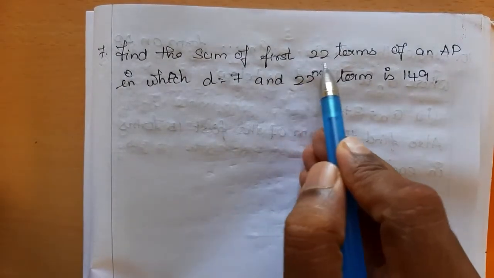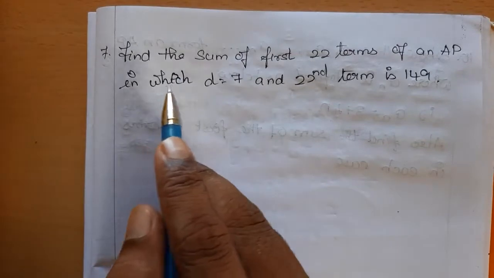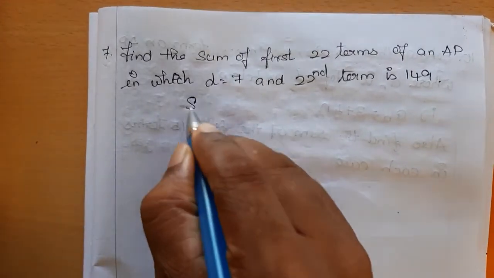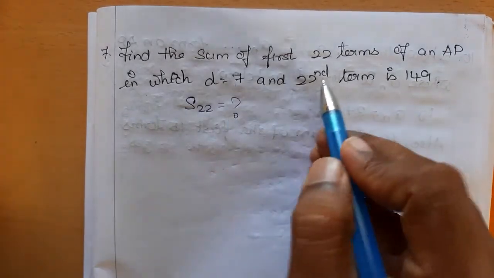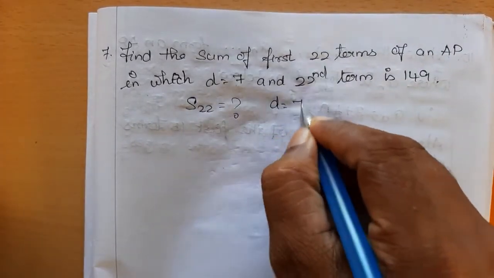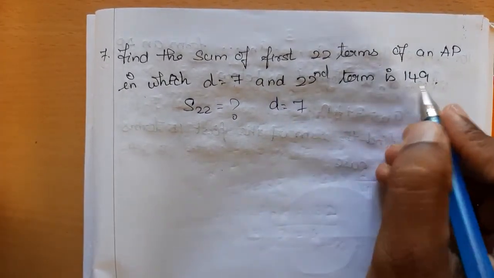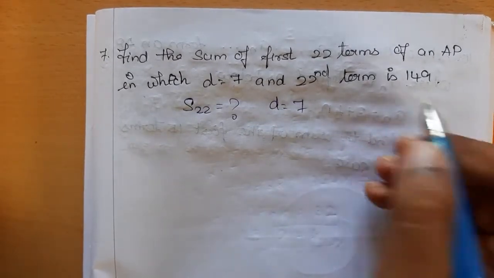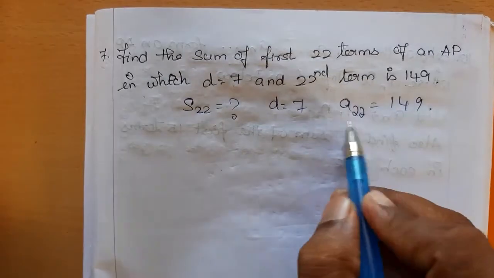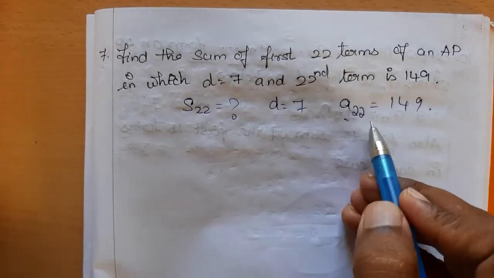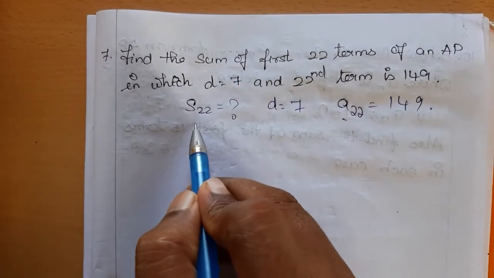Find the sum of the first 22 terms of an AP. So we have to find the sum of 22 terms, S22, where d is equal to 7. D is given as 7 and the 22nd term is 149. The 22nd term means a22 is equal to 149. So from this, if we substitute d, we will get the a value. Then we can apply it in S22.